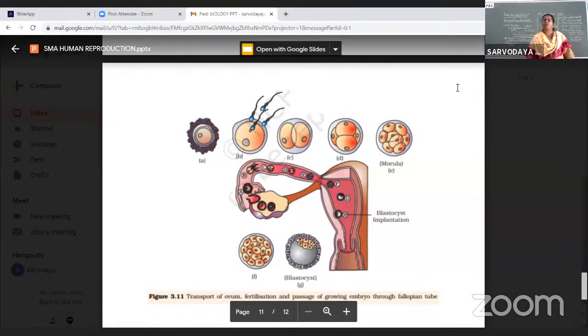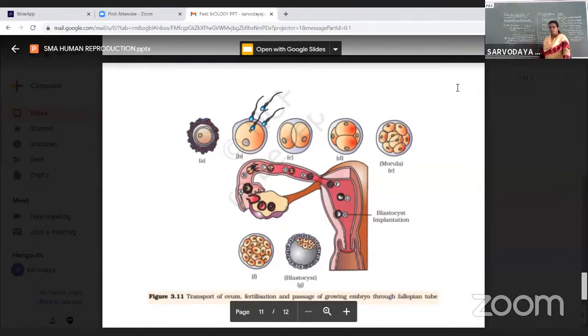Immunoglobulins provide us the highest immunity against any infection or disease. So in the colostrum, what do we observe? Large amounts of immunoglobulins are present.